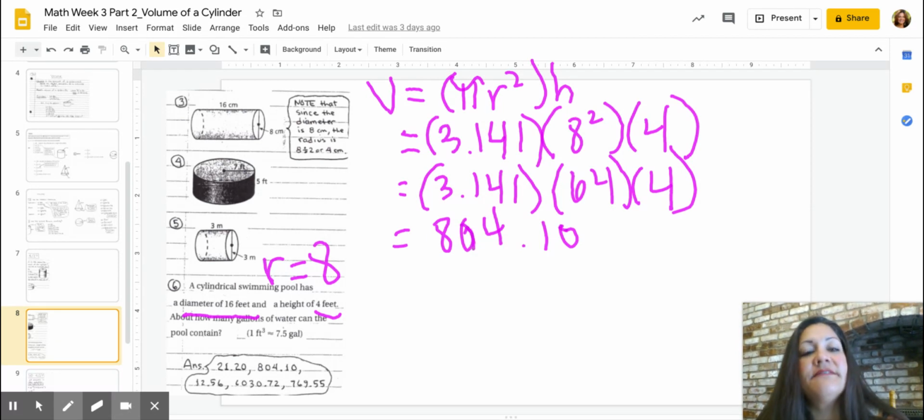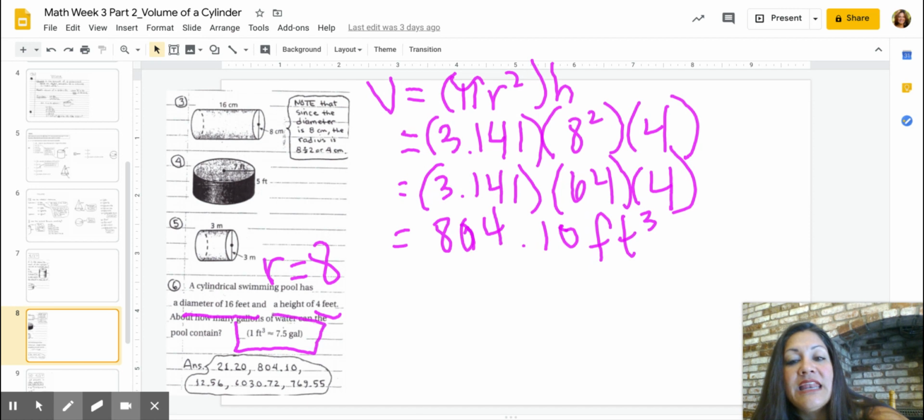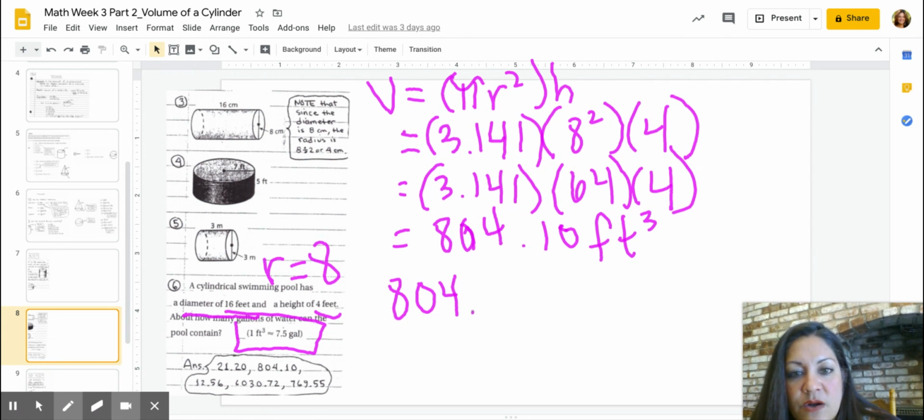Okay, and that is feet cubed. But we're not done. That's just how much the pool can hold. So the question is, how many gallons of water? And it lets us know that every cubic foot can hold about 7.5 gallons. So we're going to take this number, 804.1, and multiply that times 7.5.